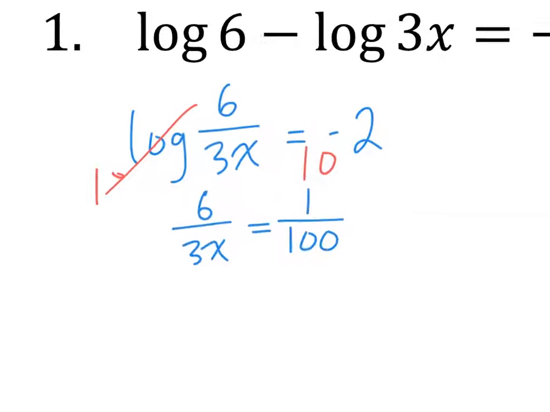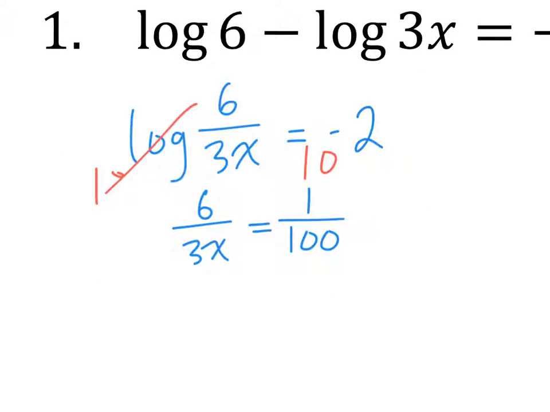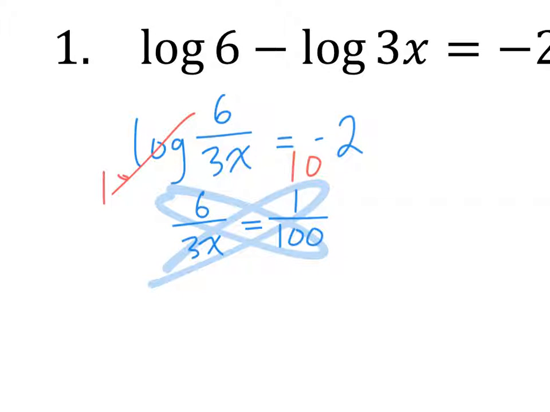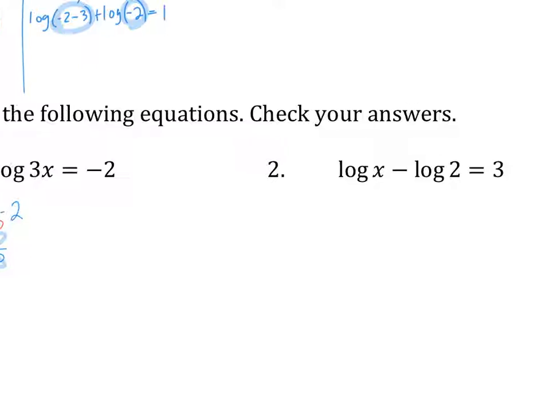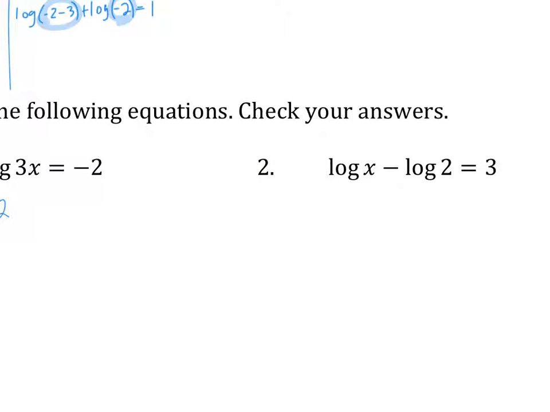So now cross multiply and solve. Number 1, the answer is 200. Number 2, if you try that, the answer is 2,000.